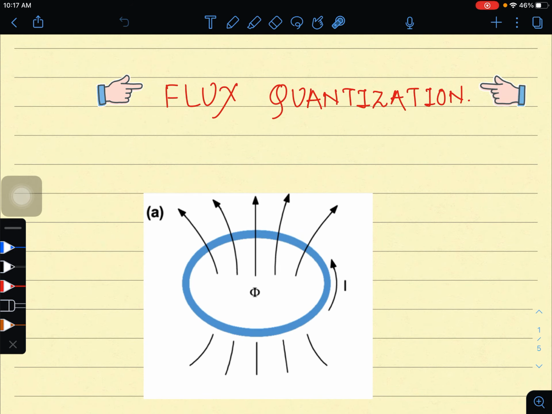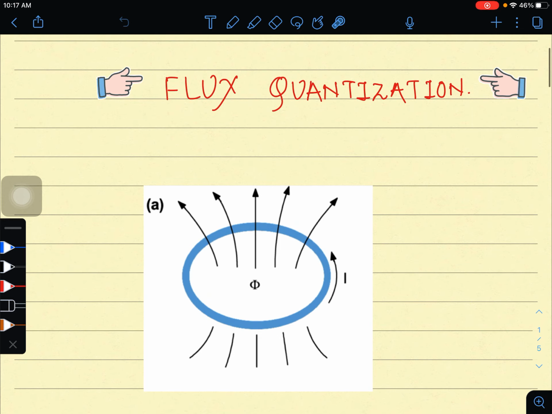Flux quantization related to superconductivity was first introduced in 1950 by the scientists Ginzburg and Landau.